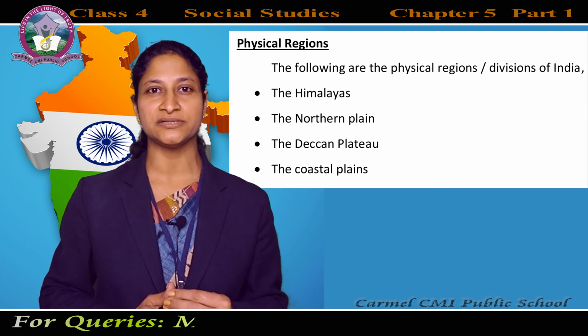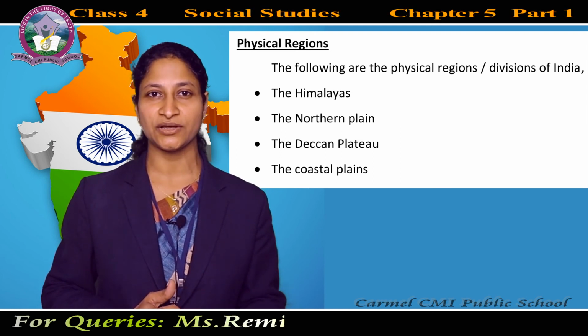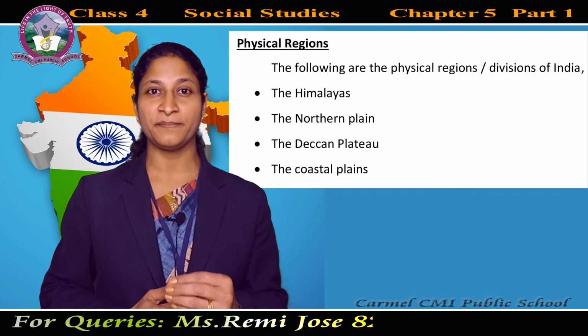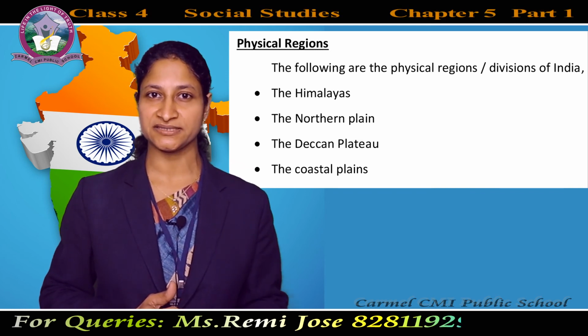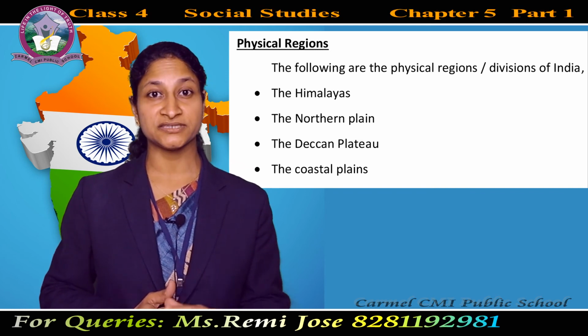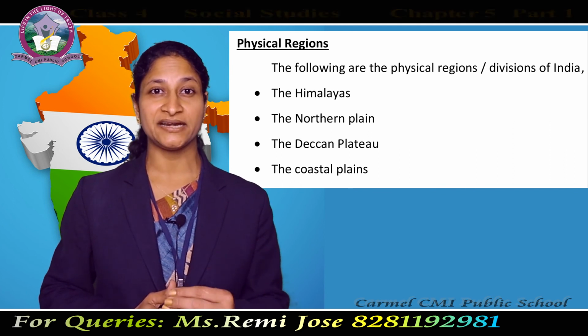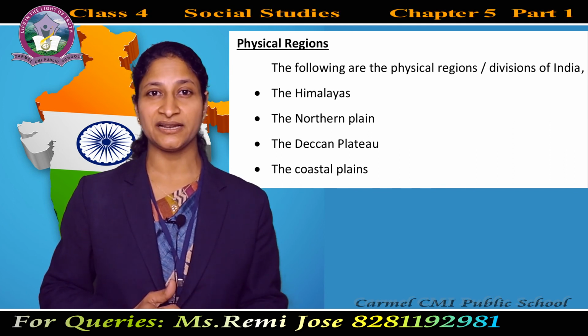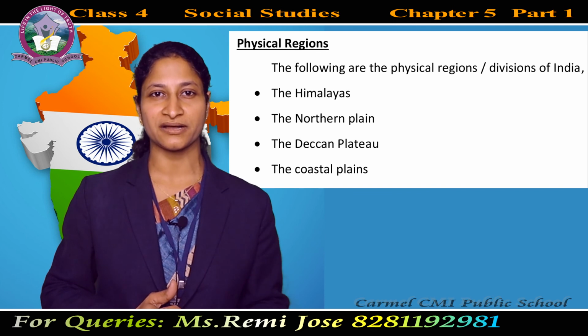Now we are going to learn about the physical features of our country. On the basis of these physical features, our country is further divided into physical divisions or physical regions. Let's see which are the different types of physical divisions of our country.